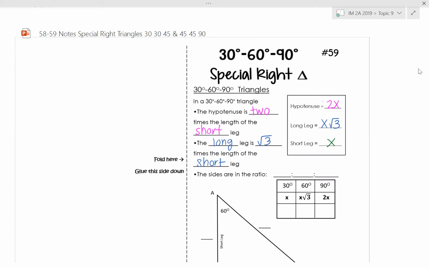So the hypotenuse is 2 times the length of the short leg. So that means the hypotenuse we'll think of as 2x because we're going to call the short leg x. And then the long leg is the square root of 3 times the length of the short leg.